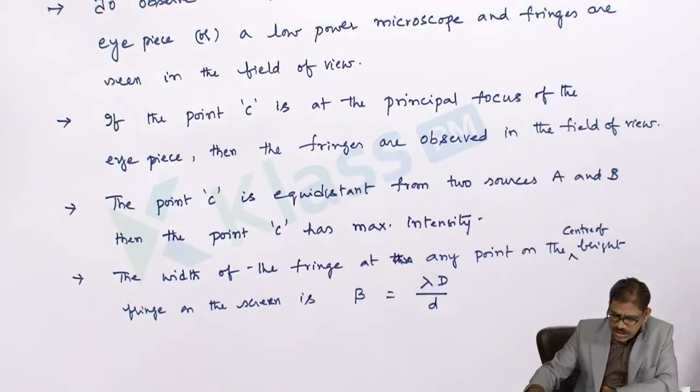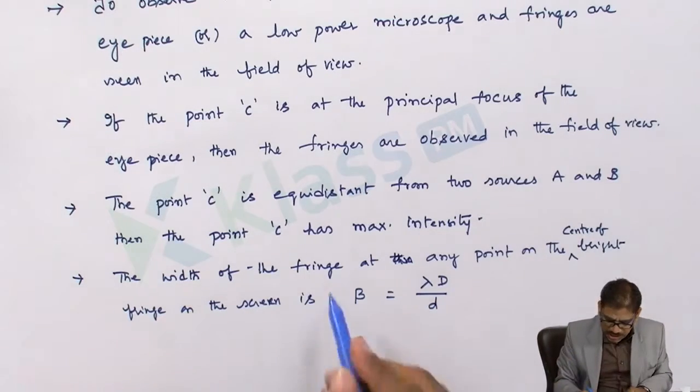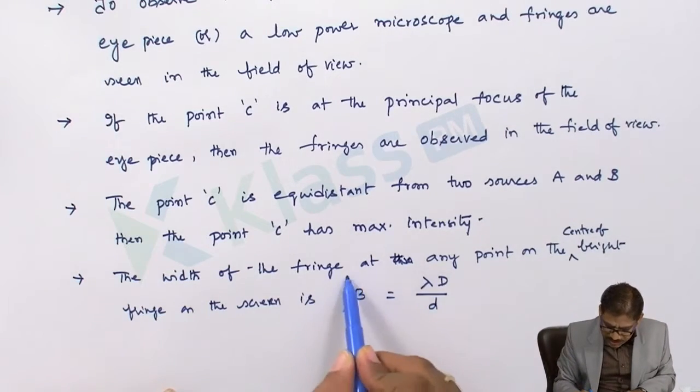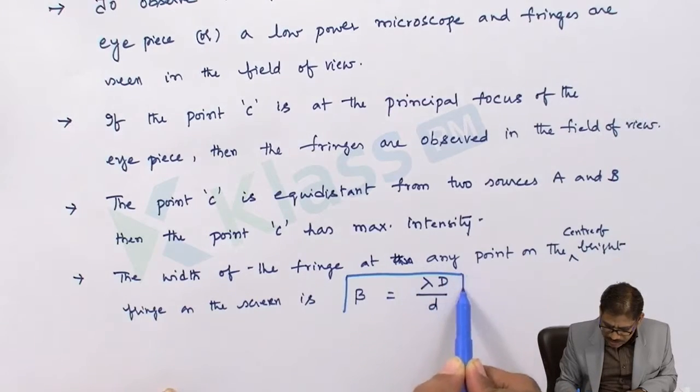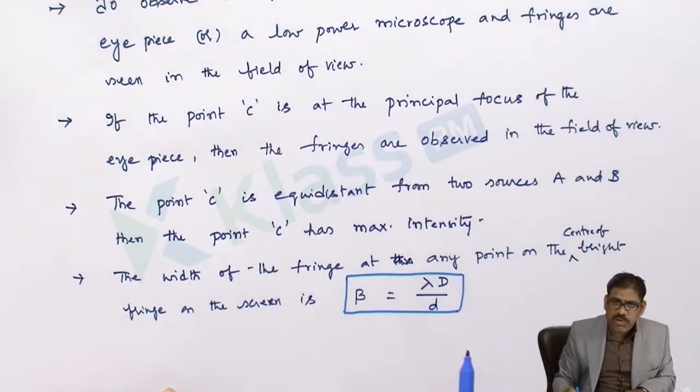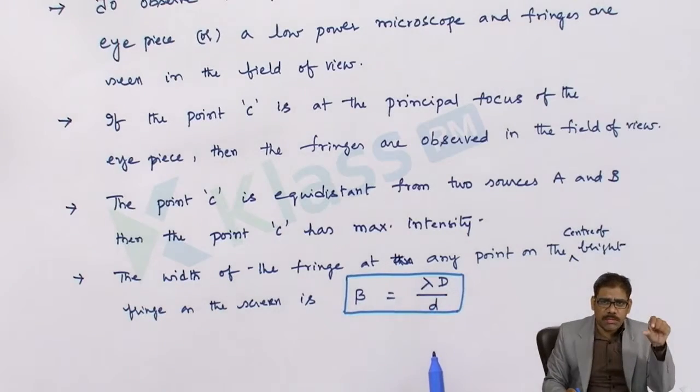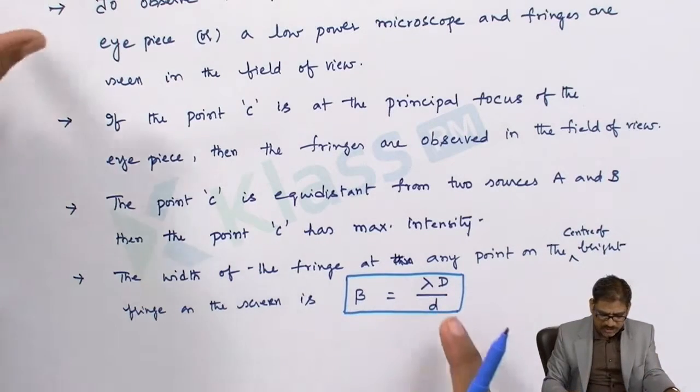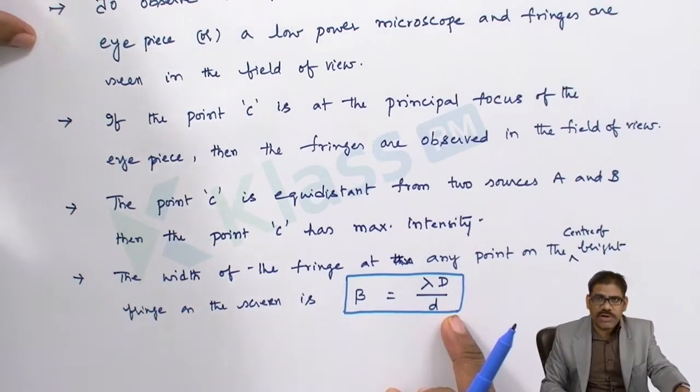So this is what we are calculating, the fringe width: beta is equal to lambda D by small d. This is for the center of the bright fringe. Okay, that is for the condition of the fringe width.